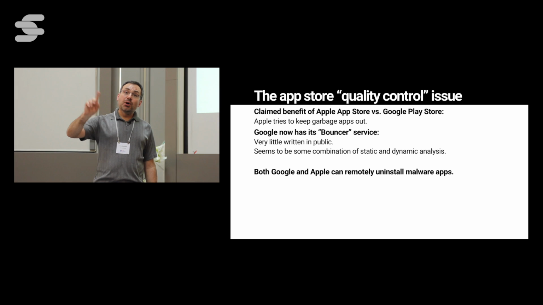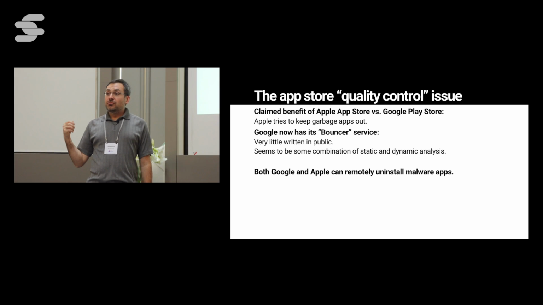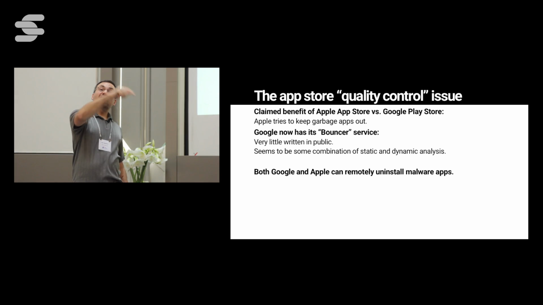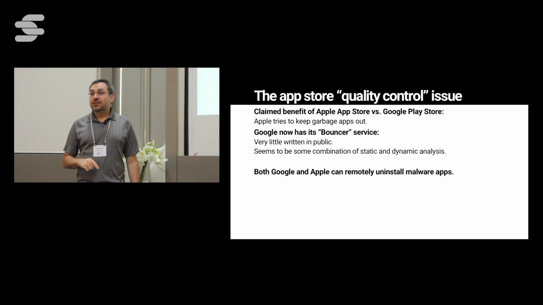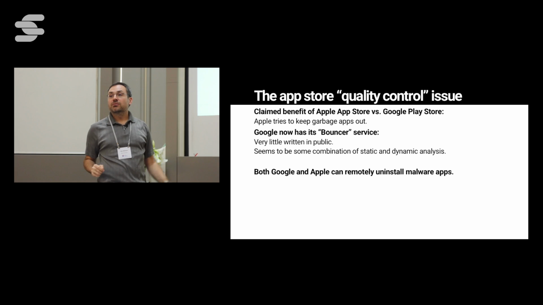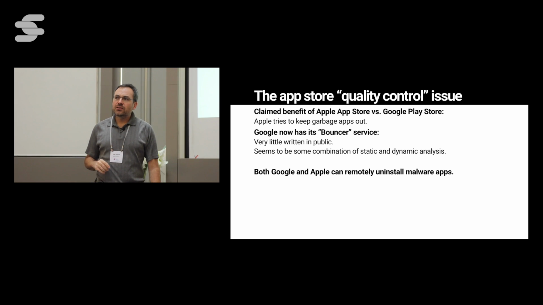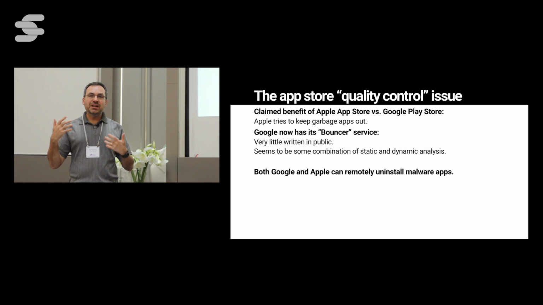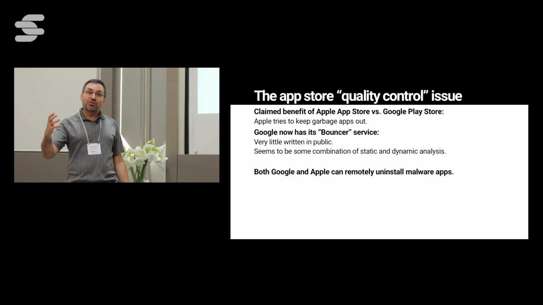And importantly, both Google and Apple reserve the right to remotely uninstall any app at any time. So if it turns out that something gets through and is known to be misbehaving, they can remote uninstall it worldwide, like that. They don't use this often, but it's good that they have it. It's the ultimate fallback if somebody discovers bad behavior.